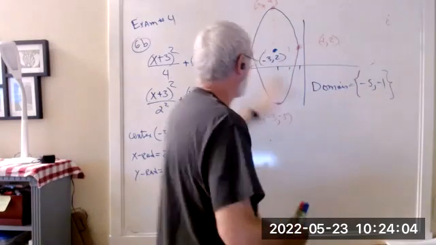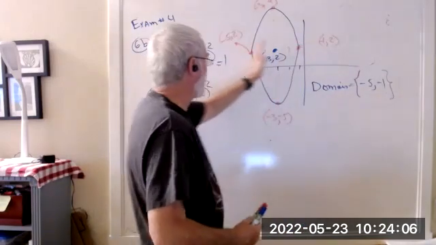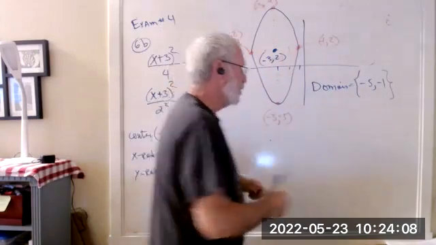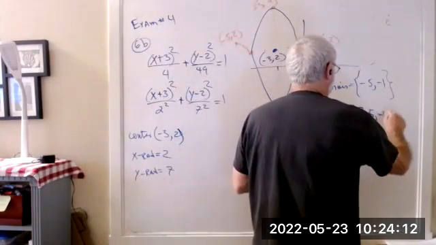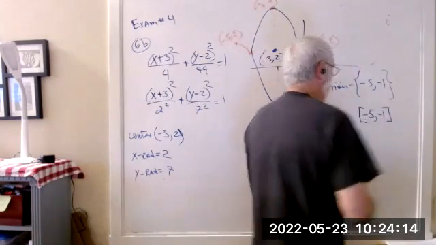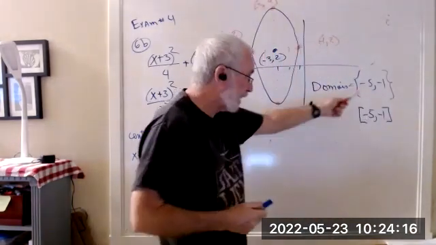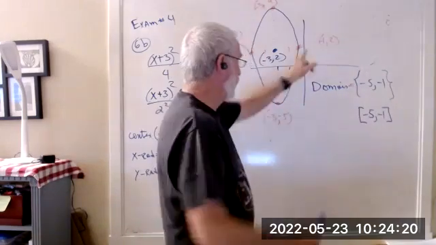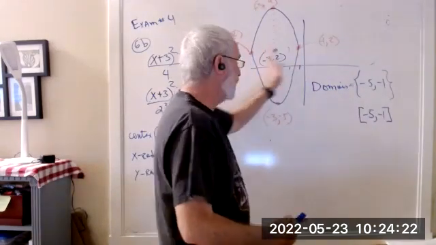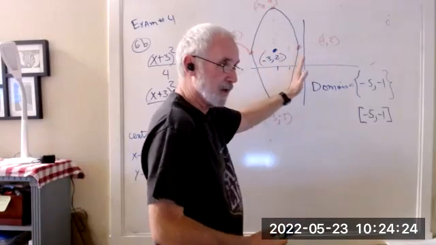If you want to include everything between -5 and -1, you need to write this as bracket -5, -1. Technically this means just the single number -5 and -1. It doesn't mean all the other stuff in between.